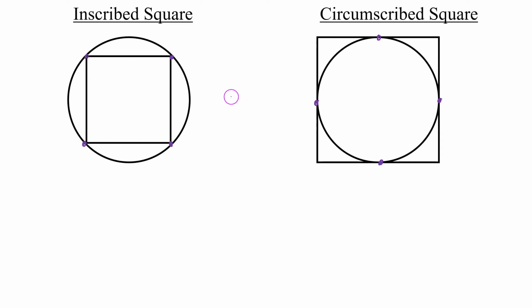So what we're going to look at is how you can relate different lengths of the square to different lengths of the circle. Things that we'll primarily be interested in talking about, and this goes for all the shapes, is with respect to the circle, we're interested in the radius and the diameter.